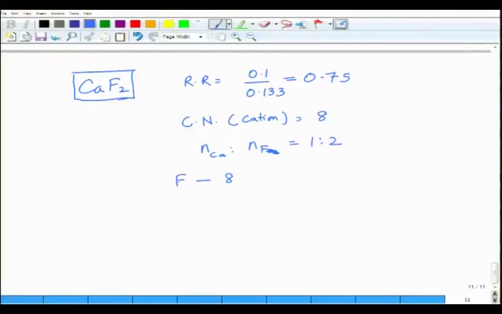Each calcium is surrounded by 8 fluorine, but each fluorine is going to be surrounded by 4 calcium. Only then is it going to be electrically neutral. So this is required for electrical neutrality. We will see some of these examples in the coming slides. We will finish here, and start our next lecture with the structure of other ionic solids.